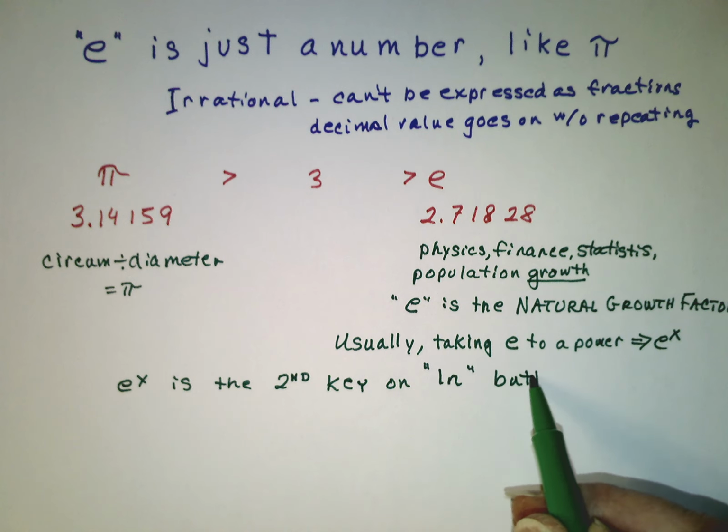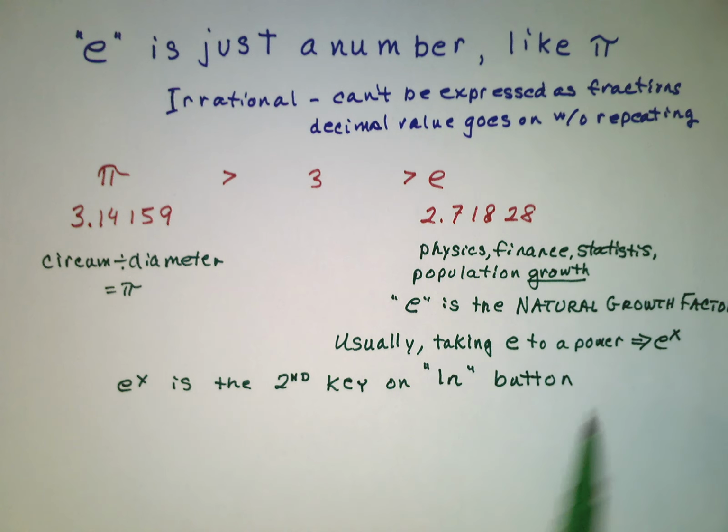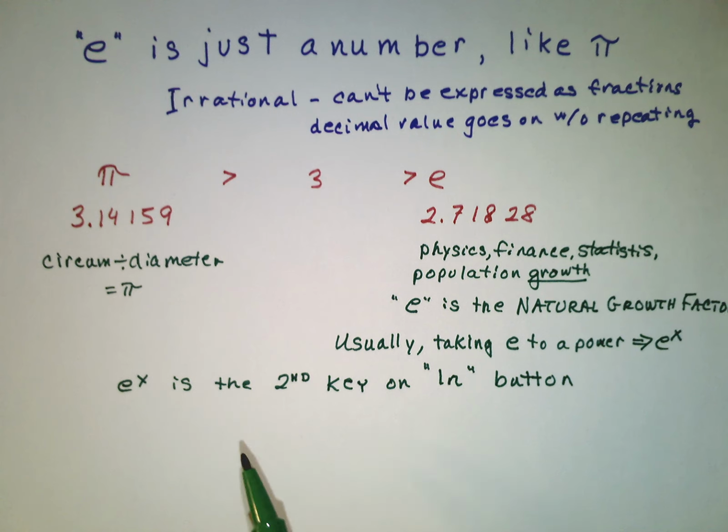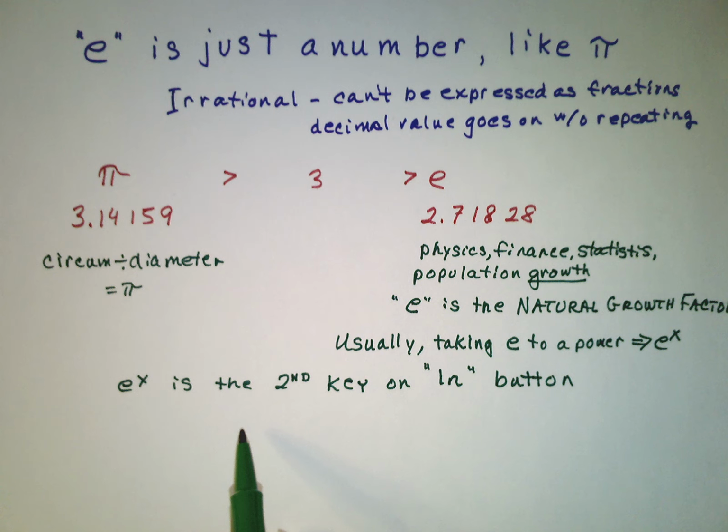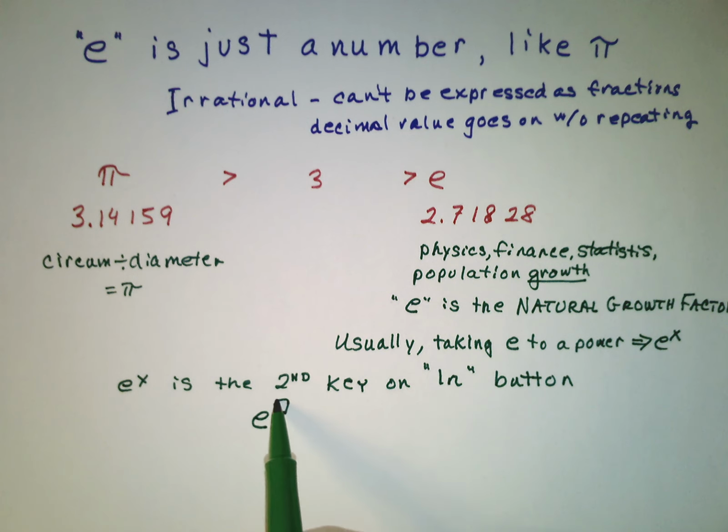So if you can find the LN button on your calculator, try to take the second of that. And hopefully it's going to come up e to the x. Now on some calculators, the e will be blinking. It'll tell you to fill in what power. So give it a try, please.